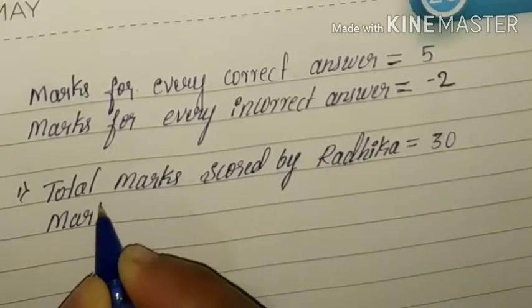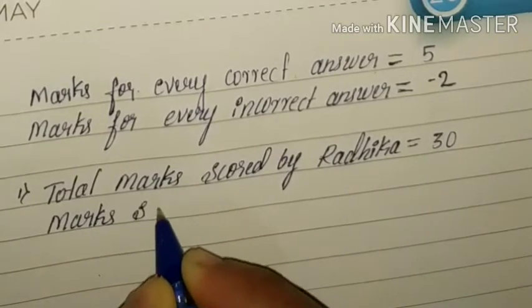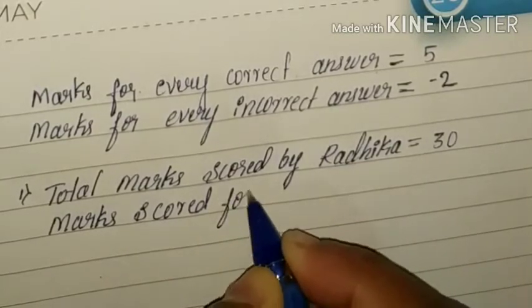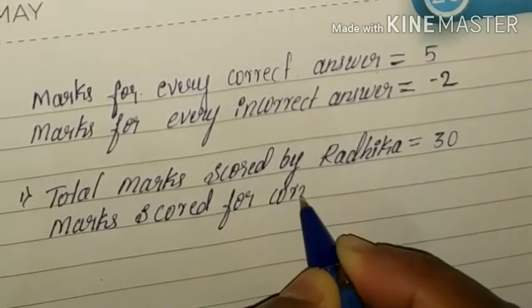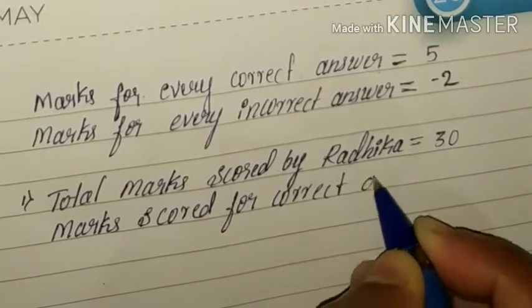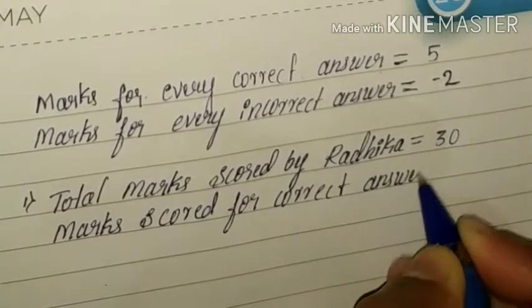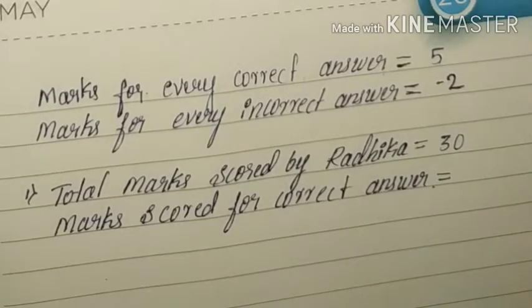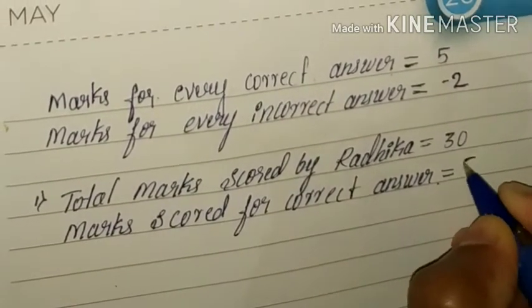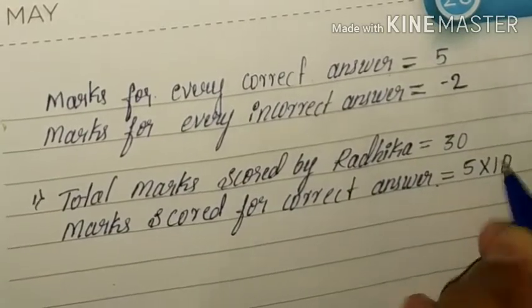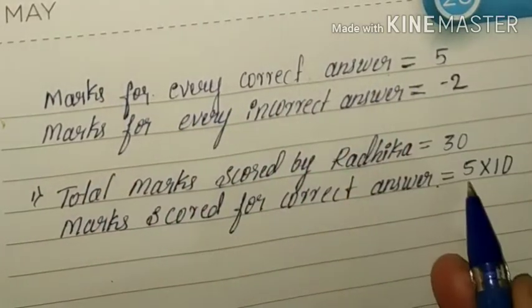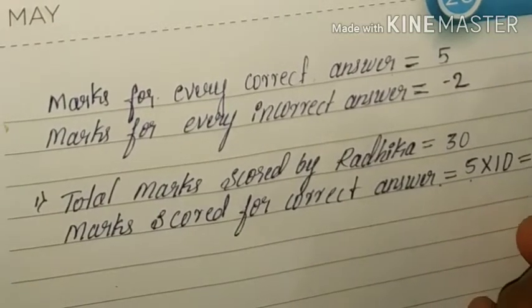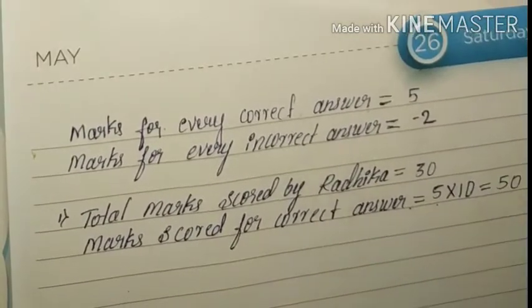Marks scored for correct answers is equal to 5 into 10, right? Marks for every correct answer is 5, and she got 10 correct answers. So how many marks? 50.